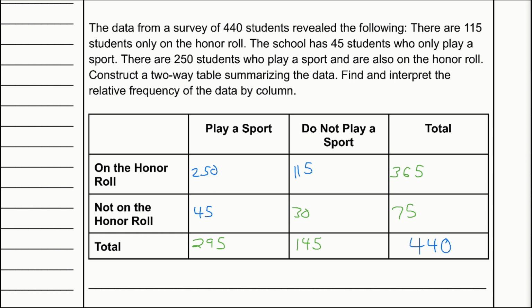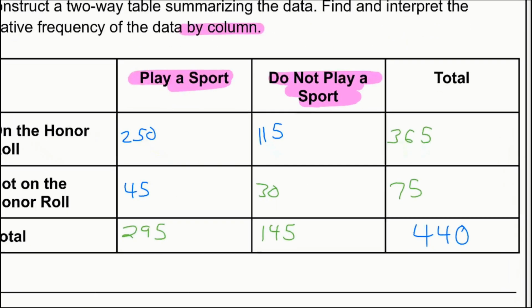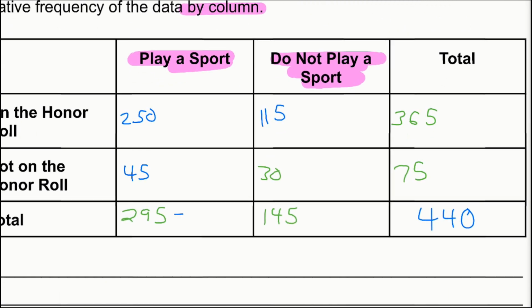If I keep reading, it says find and interpret the relative frequency of the data by column. So this time we're going to do playing a sport versus not playing a sport. So in this case, let's see what we have here. So this again is going to equal 100% or 1. Same with this. Yeah.